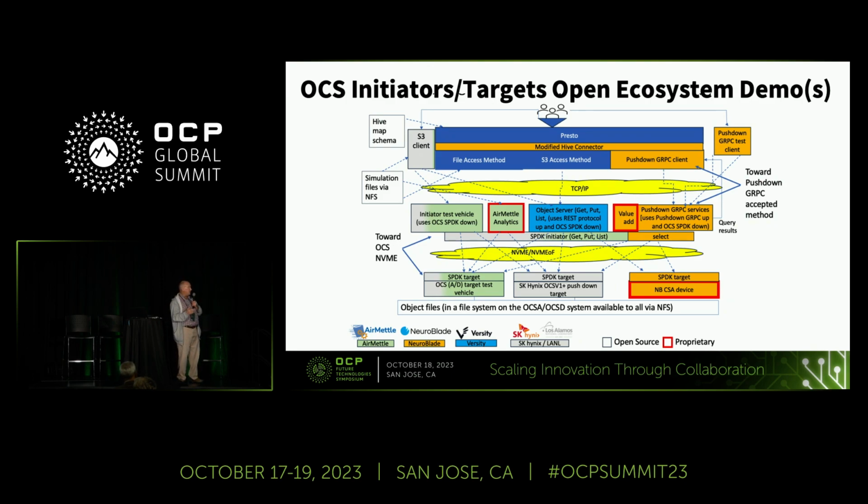They also do analytics and stuff too, and so we had them build a prototype of an SPDK-based target and initiator. The Versity code is, MinIO actually used to provide a really nice object server gateway, but they deprecated it. So we actually paid Versity to build one of these things.